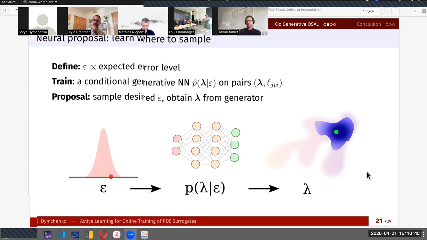The easy answer to why the generative network is conditioned specifically like this is that it's much nicer to be able to just choose: I want a hard sample, so error level 1, or I want an average hardness sample, level 0. It depends on the prior for the distribution of epsilon, but in our case, since they're standardized, 0 means the average error level, and positive values are harder samples.